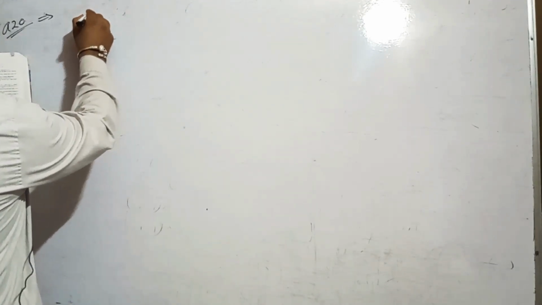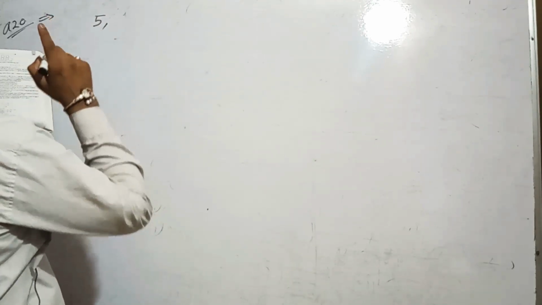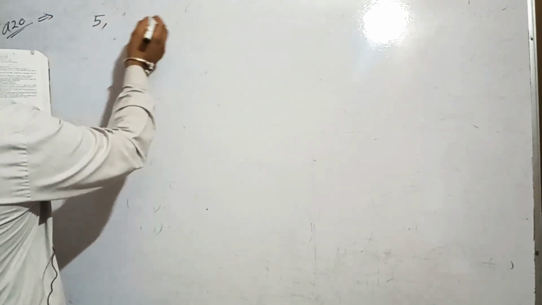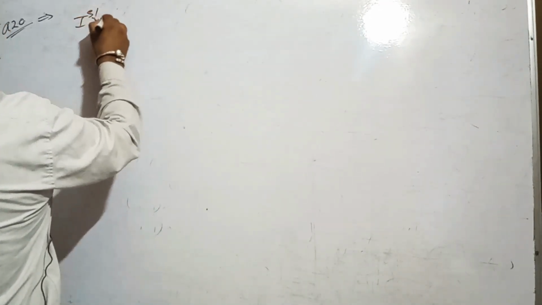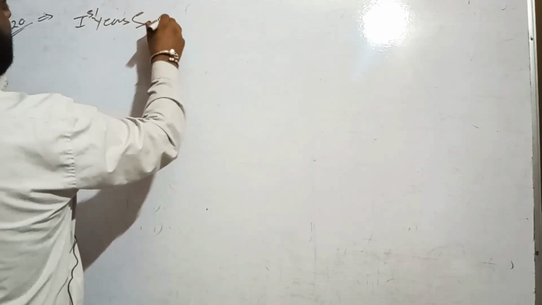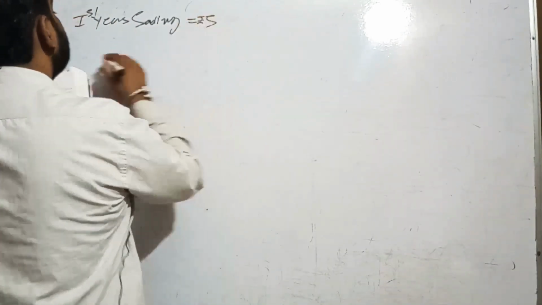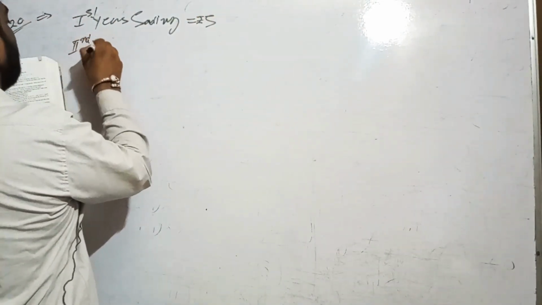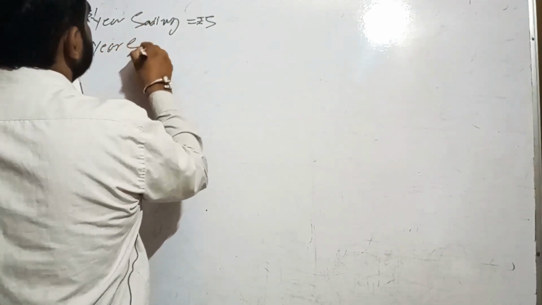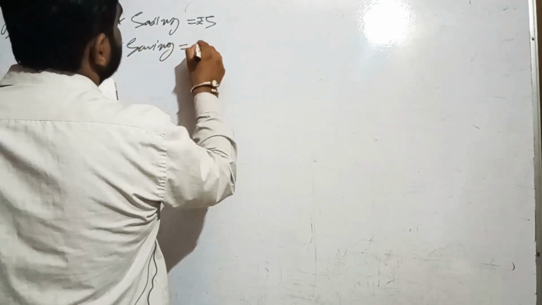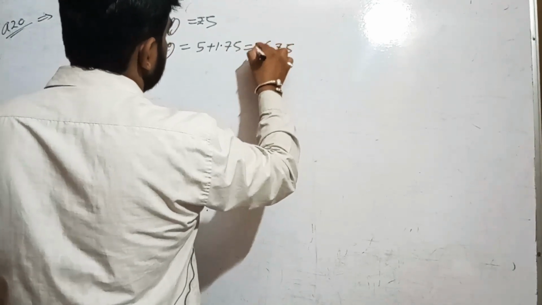So now the AP: Ramkali saved 5 rupees in the first week, and the weekly increase in saving is 1.75. It means in the first week the saving by Ramkali is 5 rupees, and at the end of the second week the saving by Ramkali is 5 plus 1.75, so 6.75 rupees.